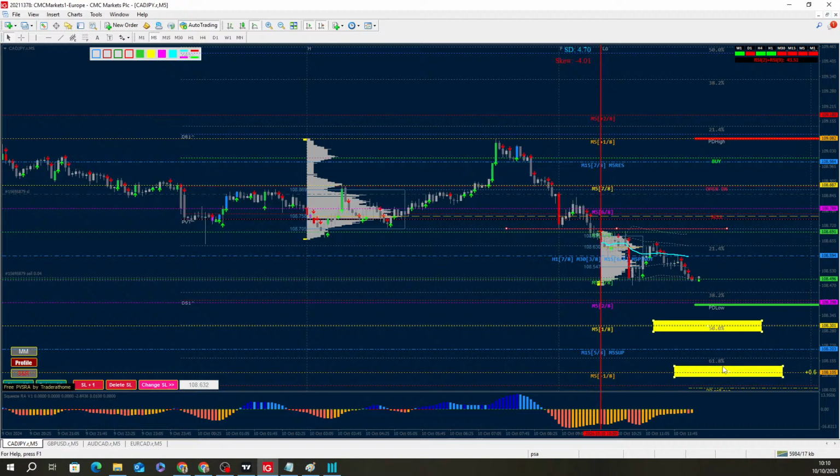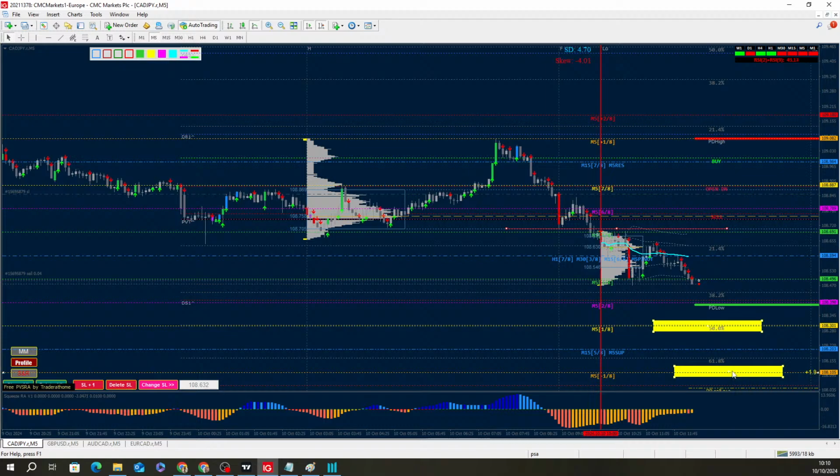Okay, those are the two areas we are looking for. And for us, in order to validate these levels, we want to see this level has a confluence with the daily ADR. Okay, and we can see the only one that has a confluence is the 1 of 8 of the Murray math. That one there has a confluence with the 50% ADR. You can see this one has no confluence with it.